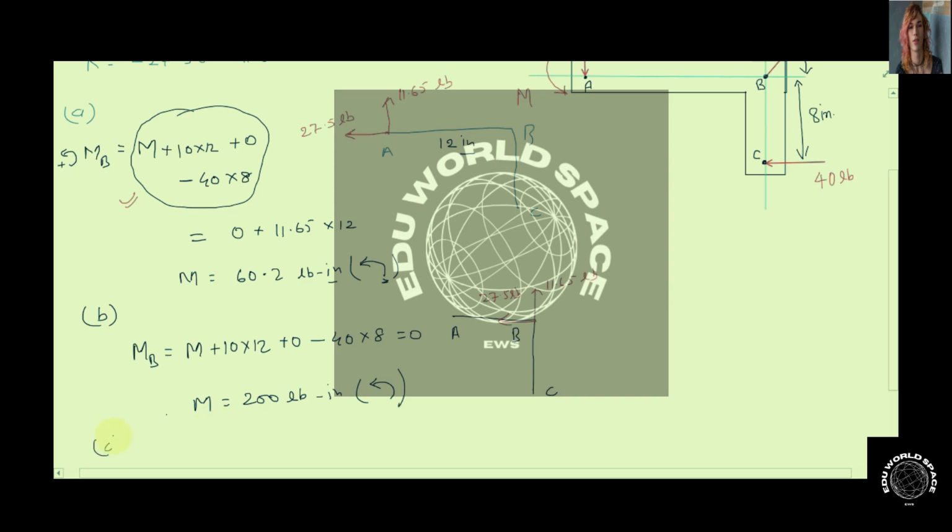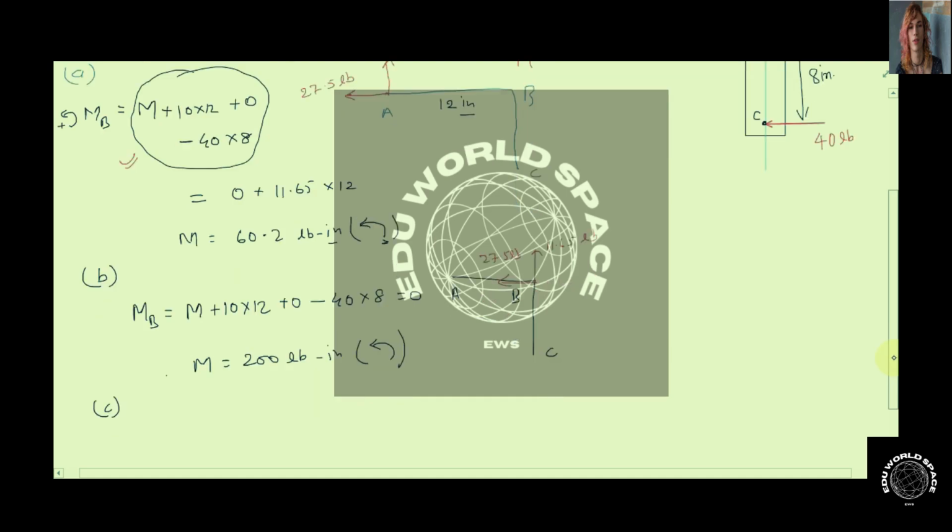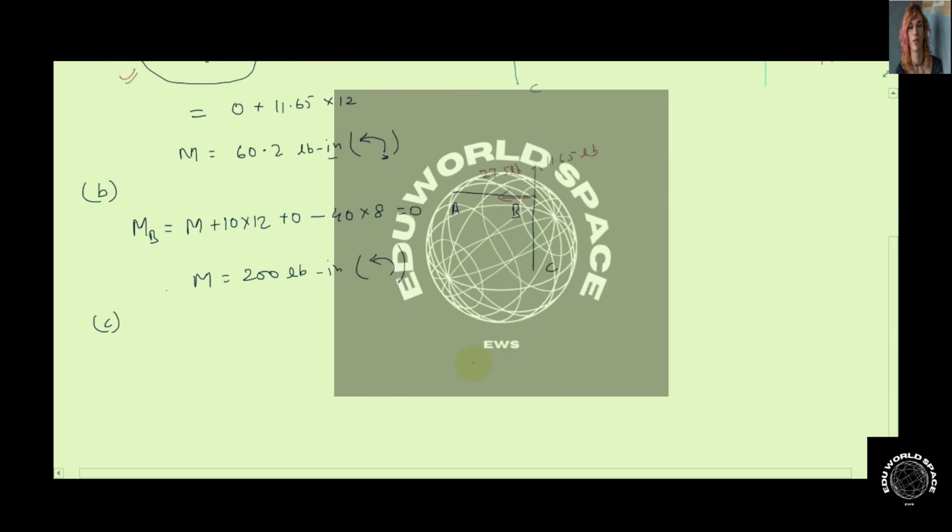Now in the third case, they are asking what should be the value of M for which the equivalent force system is present at point C. So this is A, this was point B, and this was point C, and we can draw the equivalent force at point C as, in this direction, 11.65 pound, and in the x direction 27.5 pound.